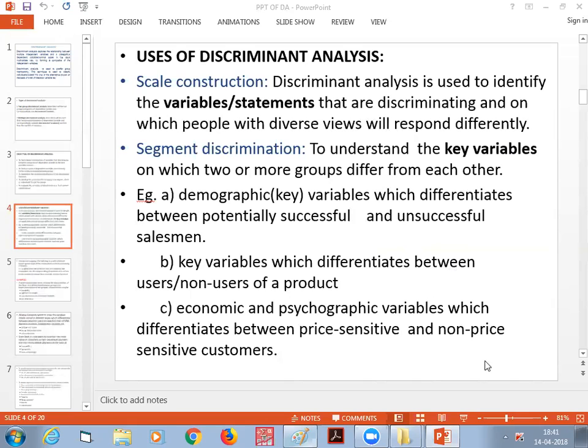So the third example would be the economic and psychographic variables which differentiate between price sensitive and non-price sensitive customers. You can classify, no? When you go to a mall or wherever, look at how customers behave. Some people don't bother about the price. Whatever the price, they will buy. For some people, price is very important, so they are price sensitive.